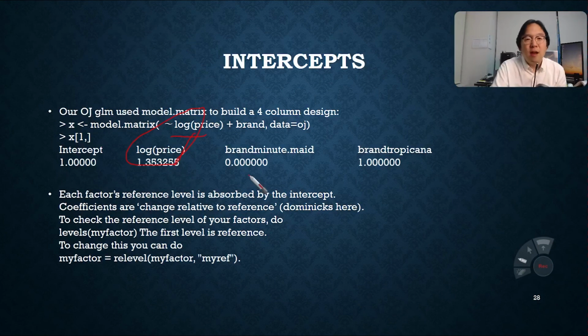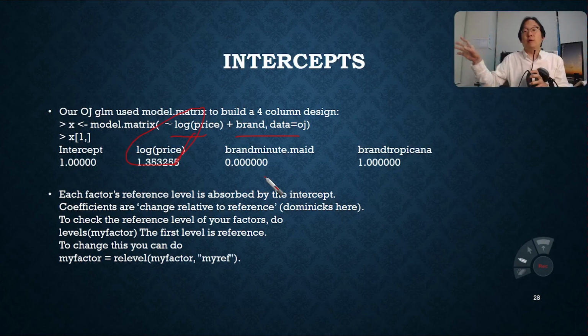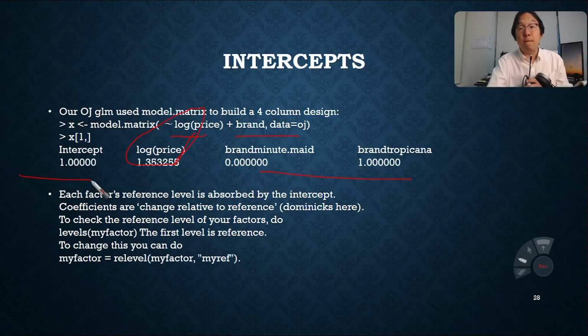The remaining columns are based on the brand, the categorical text variable. We create a dummy variable for each unique text string. So Minute Maid and Tropicana, that dummy variable is created. The first observation is from Tropicana.